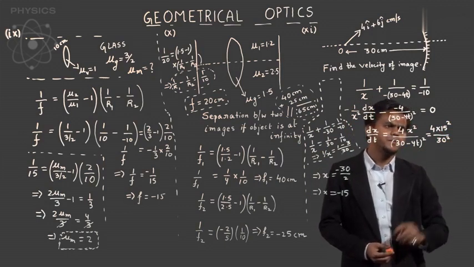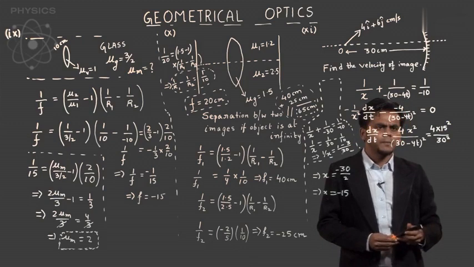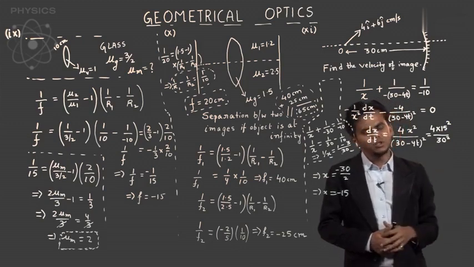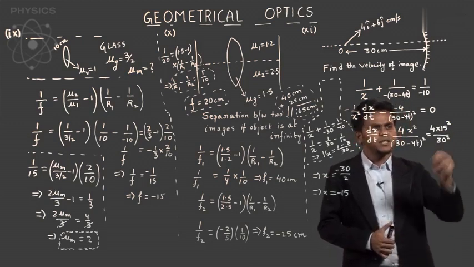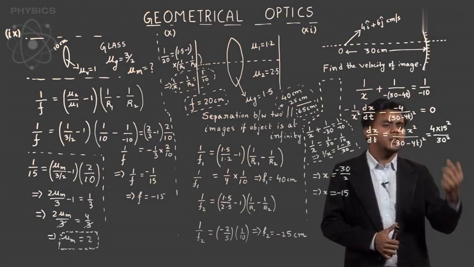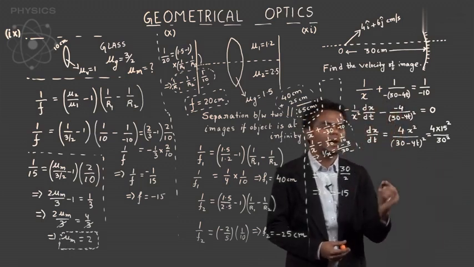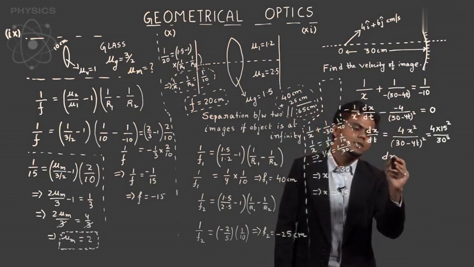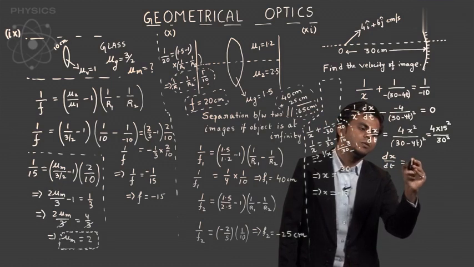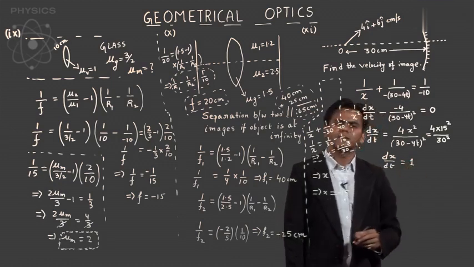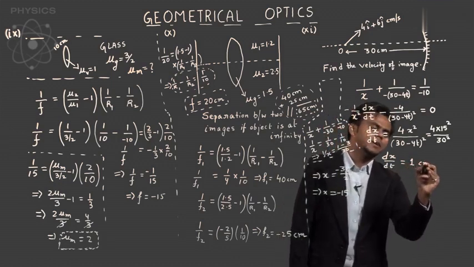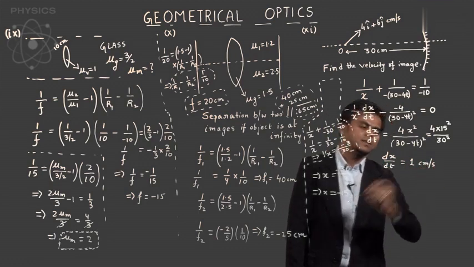What do you get here? 15 square upon 30 square. This essentially is half square of 4. So dx upon dt is 1. I can also write 1 centimeter per second.